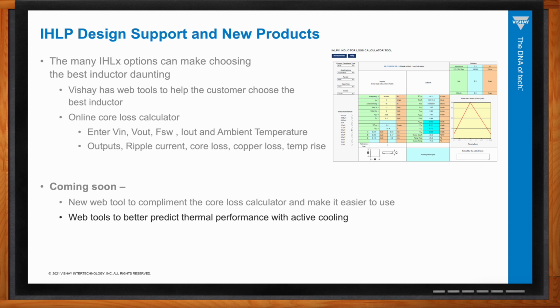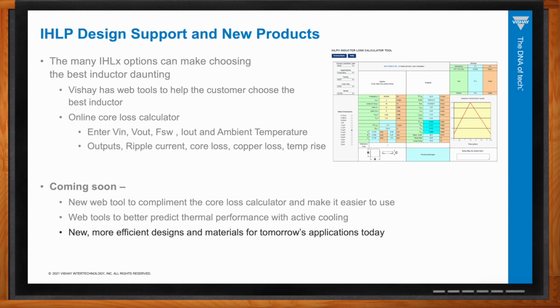Another exciting new tool that will be coming out early next year is a temperature rise and current extension calculator for the IHLPs for use in cold plate applications. And then we're going to have the smallest IHLP product releasing in Q1 of 2022. This is going to be down to 2.5 by 2 by 1 millimeter, and that's smaller than the 3 millimeter by 3 millimeter we talked about earlier in the presentation.